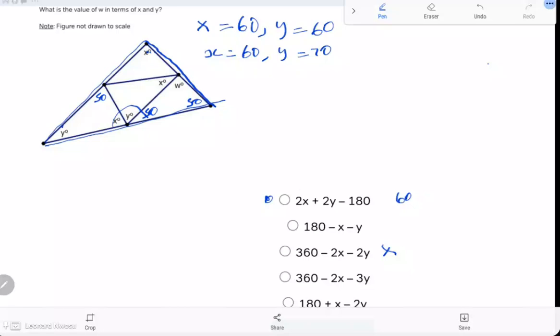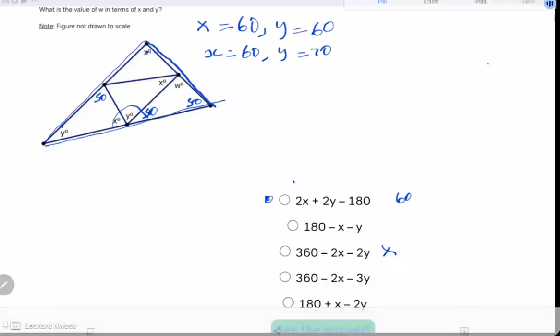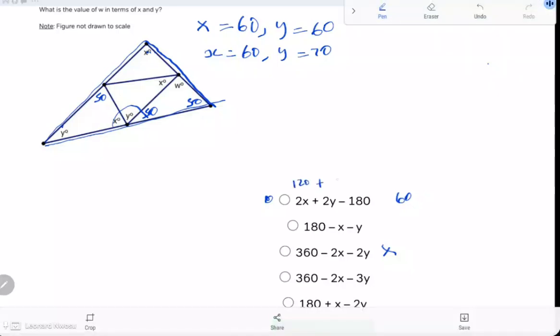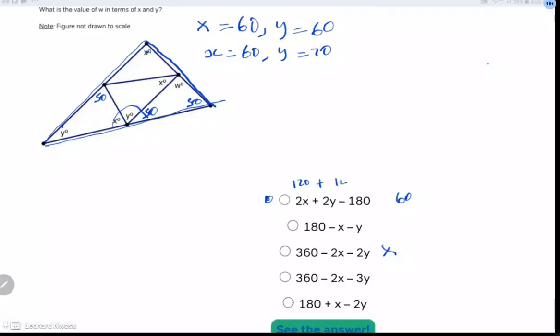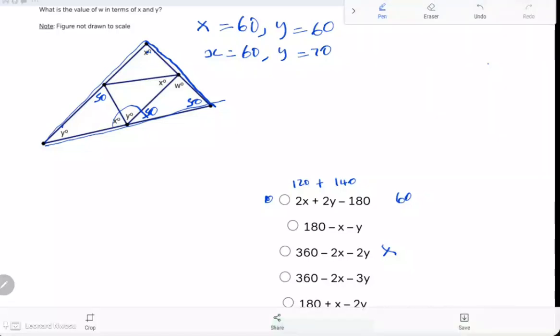2s is 120 plus 140. That's 260. 260 minus 180.